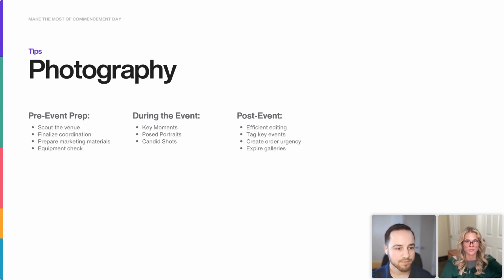And then post-event, as far as photography goes, just make sure that you have an editing workflow. Make sure that you're organized. I like to categorize all my photos in folders, because I was using public galleries, so once I uploaded all those different folders, it automatically created all my tags for me and everything was ready to go. I didn't have to tag anything once it was uploaded.